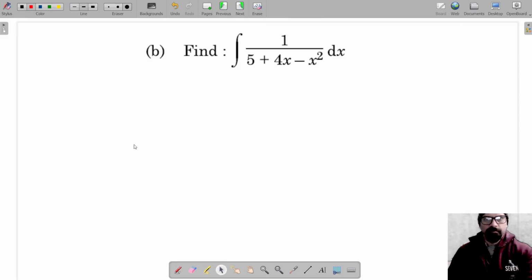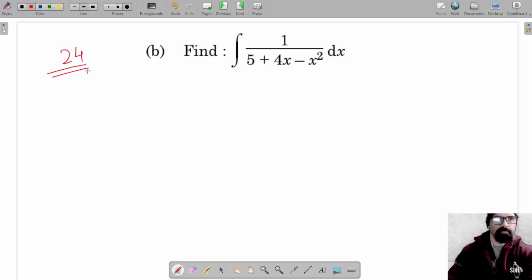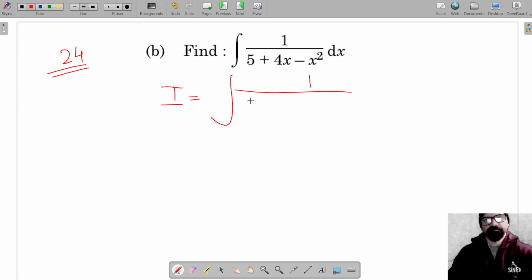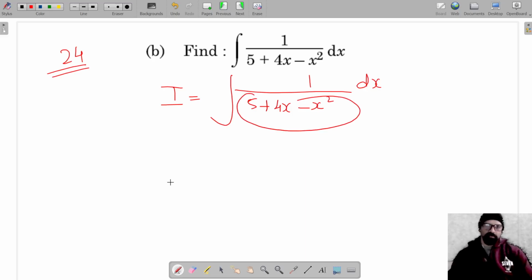For question number 24, part B, we have to find the integration of 1 upon 5 plus 4x minus x square into dx. Now let's try to get this into some known form. So this is 5 plus 4x minus x square.